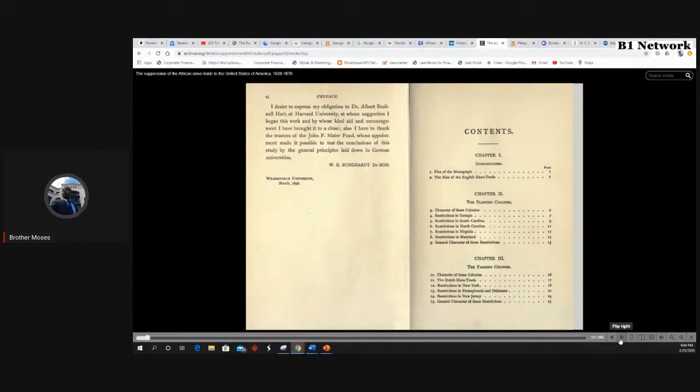And this guy goes in to break down in chapter 2, the planting colonies. Many will not understand the colonization of the South, and so this chapter would fly right over their head. The significance of the planting colonies would fly right over their head.